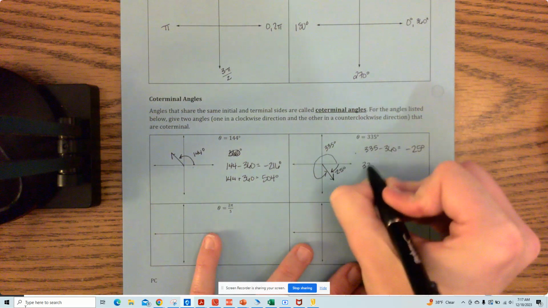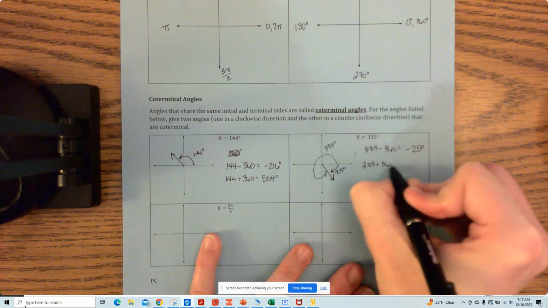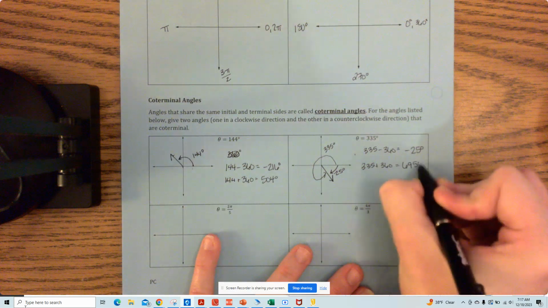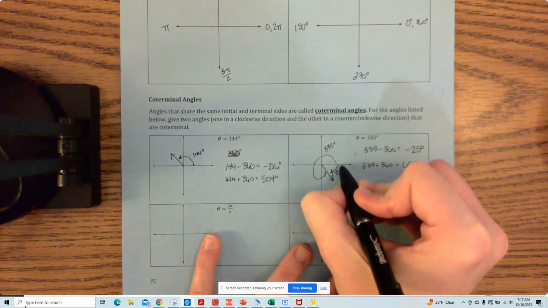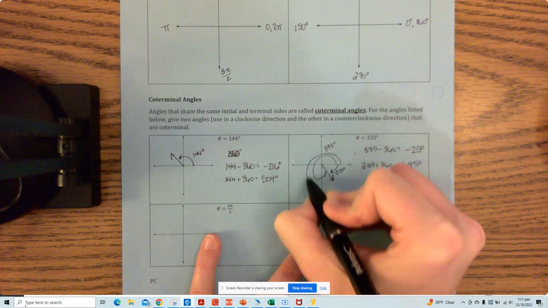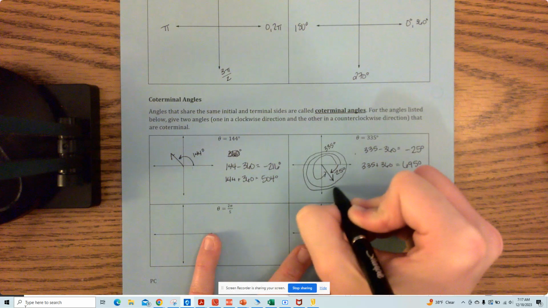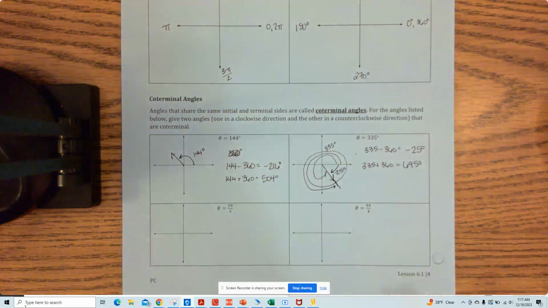Or we could add 360, which would be a 695 degree angle. And that would be if we went, it's kind of hard for me to show this, all the way around and then back to where that line would extend out. That would be the 695 degrees.